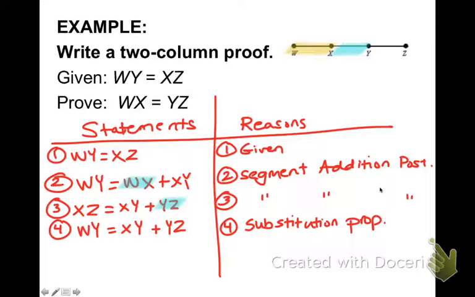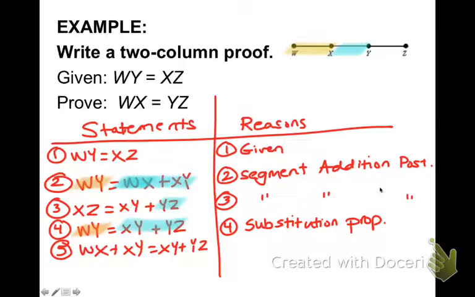So now I've got right side, and I've got left side. What do we want to take out? The orange or the blue? Do I want to show that WY equals WY? No. So I want to take out the orange and have the blue left over. So WX plus XY is equal to XY plus YZ.